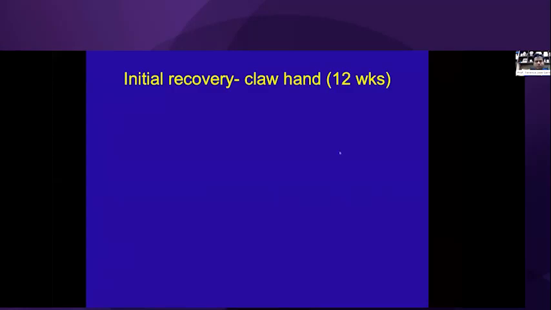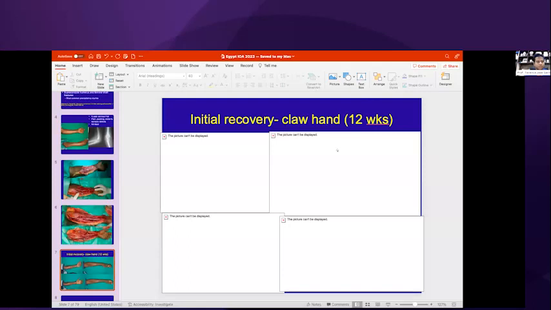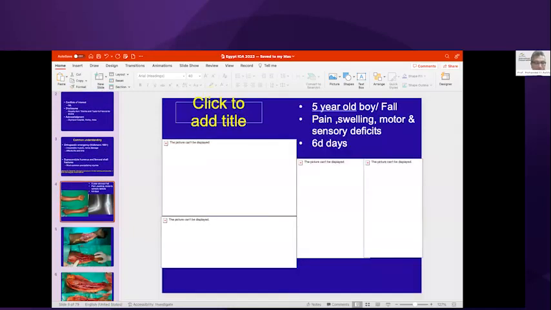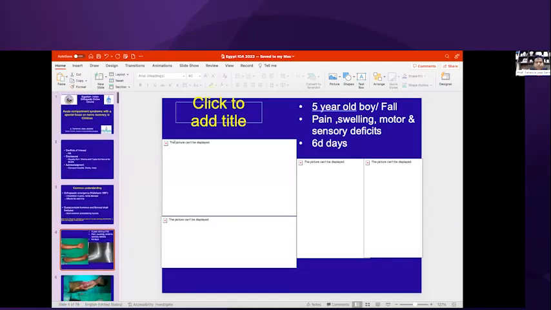Can you see these pictures and videos? Yes, we can see it, sir. The pictures, can you see the pictures? I can see the slides, but the pictures are not obvious. Okay, just give me a second.